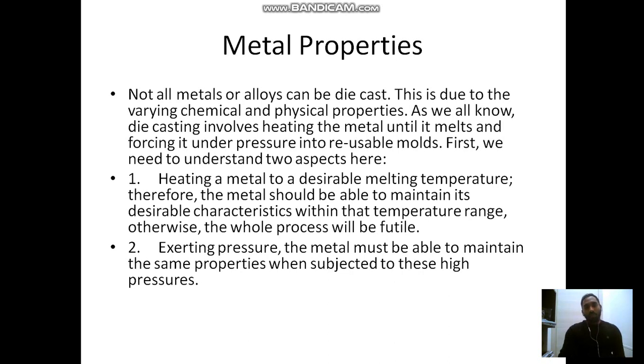We require some metal properties because not all metals or alloys can be die cast. This is due to the varying chemical and physical properties. Heating a metal to the desired melting temperature is also required, and after the pressure the metal must still remain with its properties.